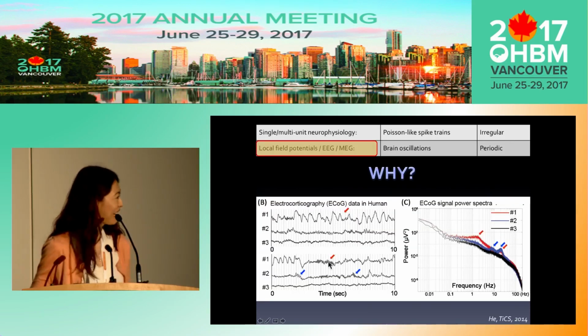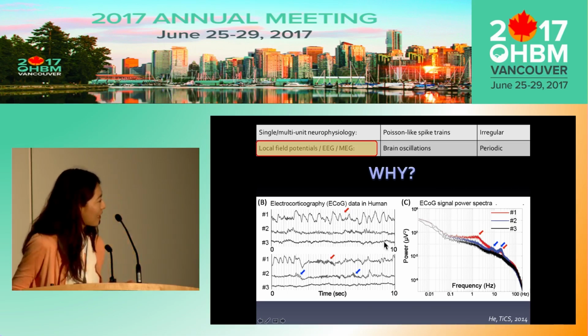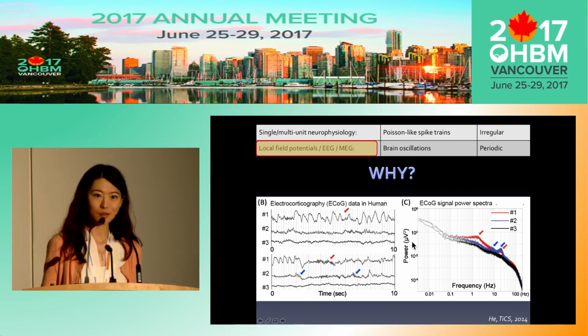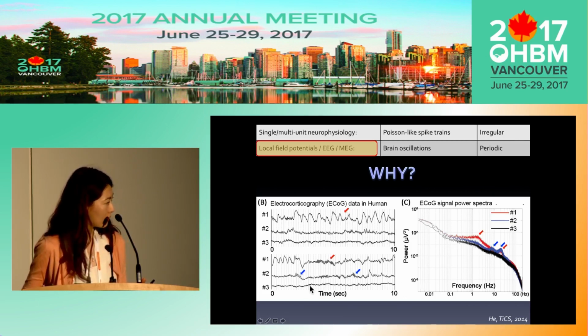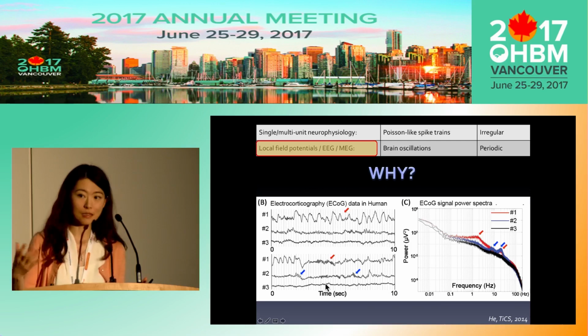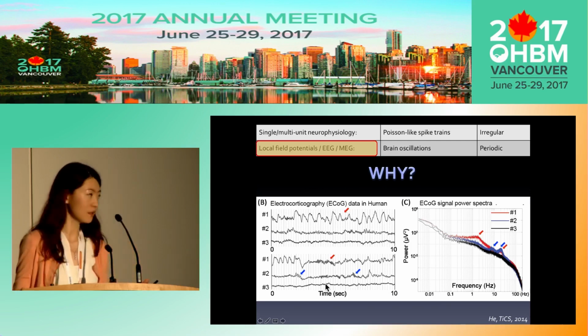For example, these are 3 ECoG electrodes recorded from one patient. This red electrode, as you can see, has delta oscillations and beta oscillations. This blue electrode has theta oscillations and beta oscillations. And the black electrode has just these irregular fluctuations.